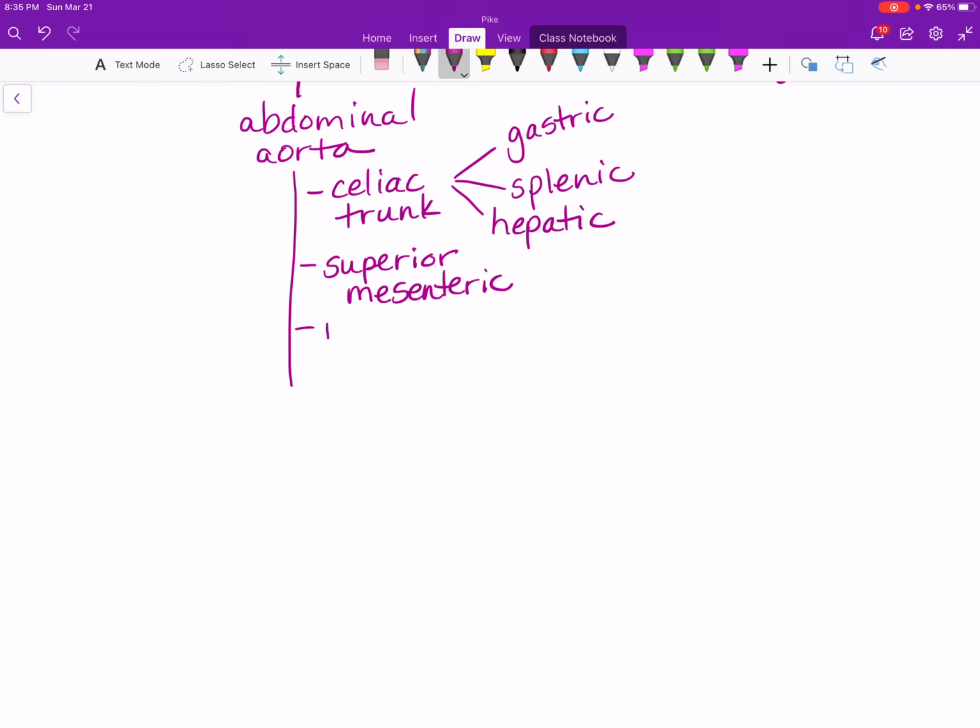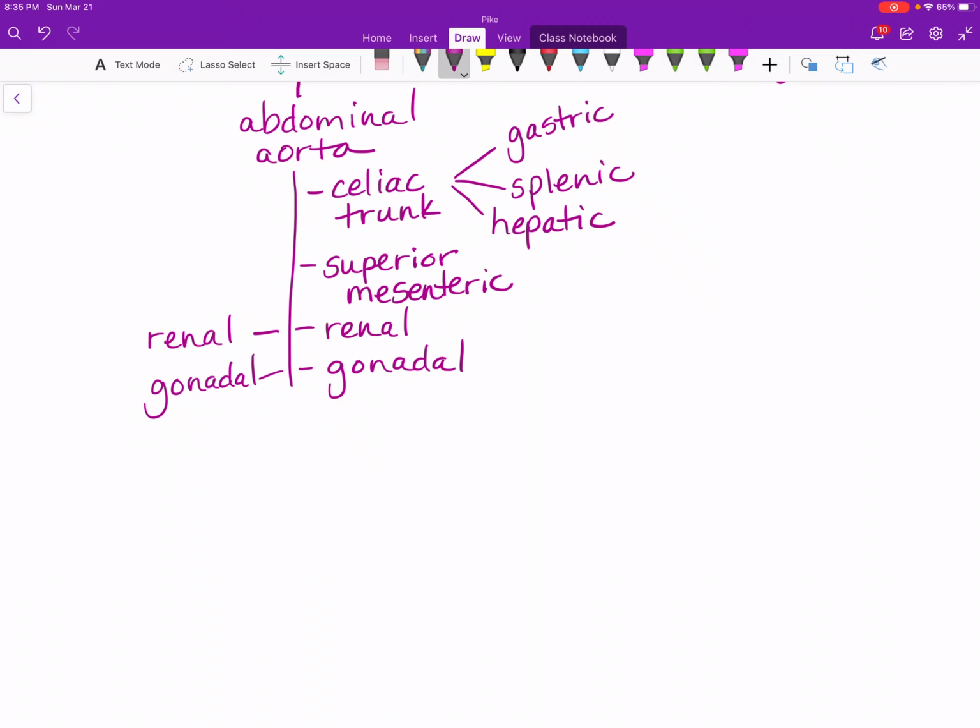Then we have the renal, and there's also one over here because you have 2 kidneys, right? So there's going to be a 90-degree angle on either side. Gonadal, that's going to be basically the same thing. Okay, you're going to have one over here, and you're going to have one over here.